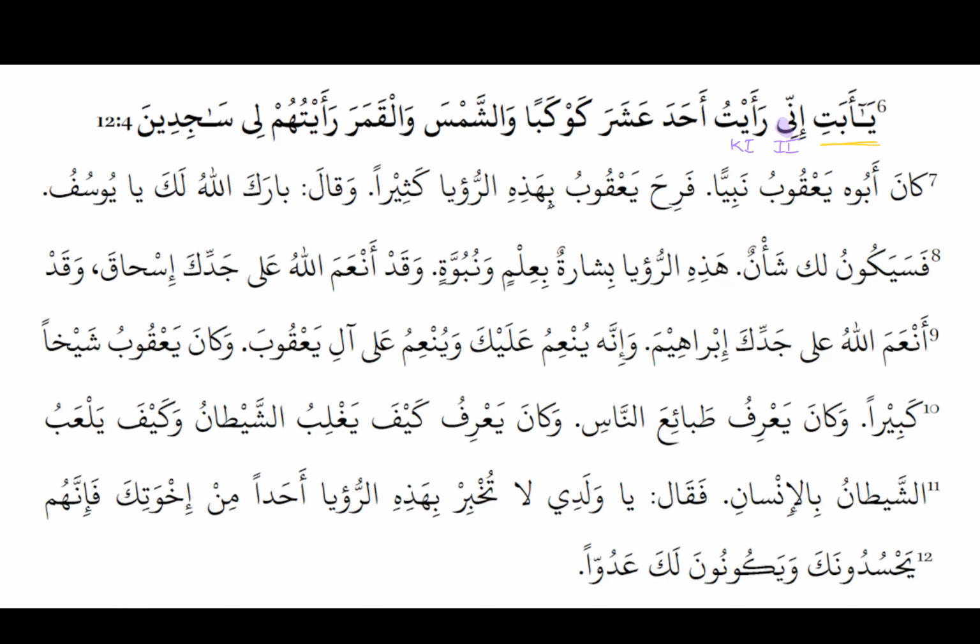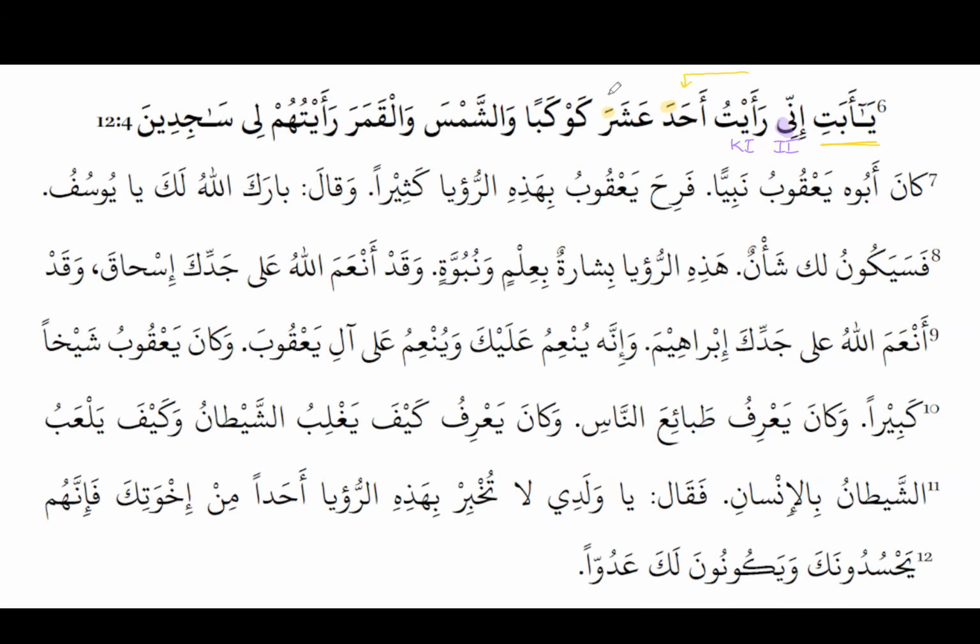So ahada here is going to be the maf'ul bihi for ra'aytu. What did they see? 11. Now, we talked about this before, and ahada ashara is what we call mabni. This number specifically is mabni ala al-fath, but it's fi mahal nasab because it's a maf'ul bihi.